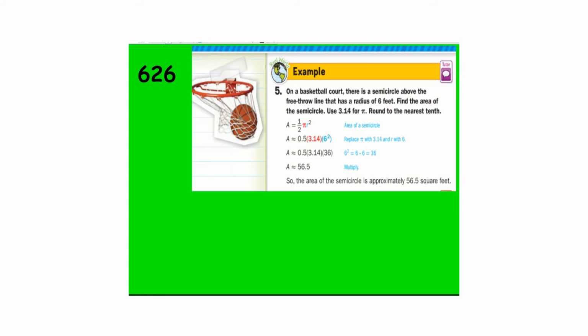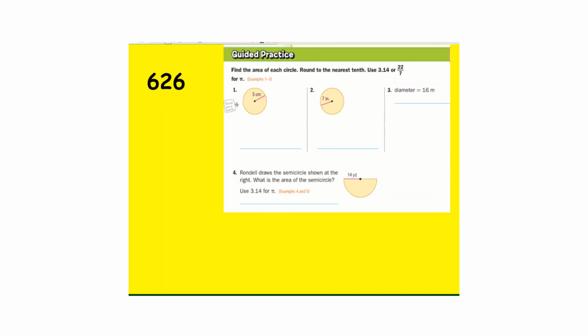Divide by 2 because it's a semicircle, and we get 56.52. Rounded to the nearest tenth is 56.5. So 56.5 square feet, approximately. You go ahead and do 1, 2, 3, and 4. Pause the video.